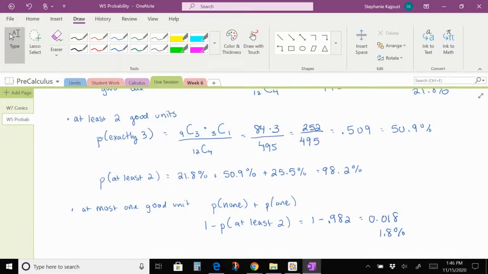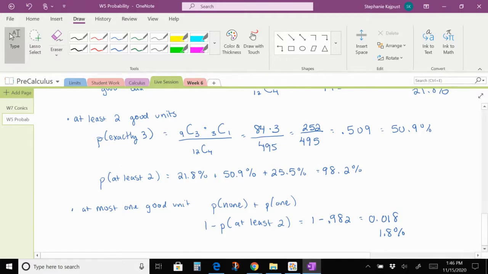So they're mutually exclusive, so we're allowed to add those up. But if they weren't, if there was some overlap, then you would have to subtract out. But independent events are basically also mutually exclusive. Not always, but they generally are. So you can just simply add those probabilities like we did here.